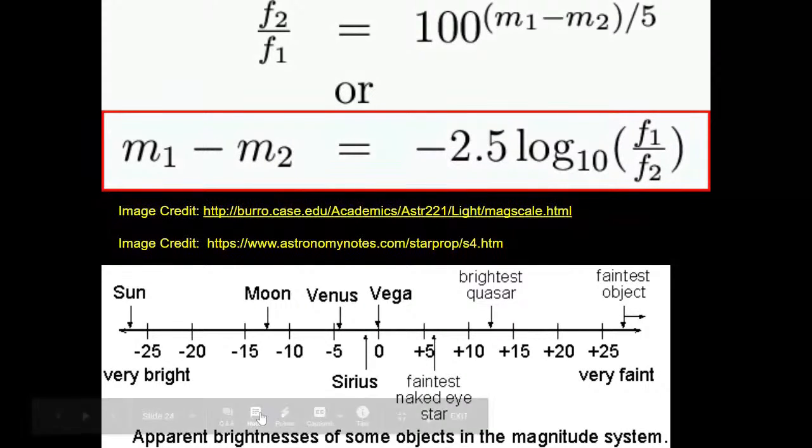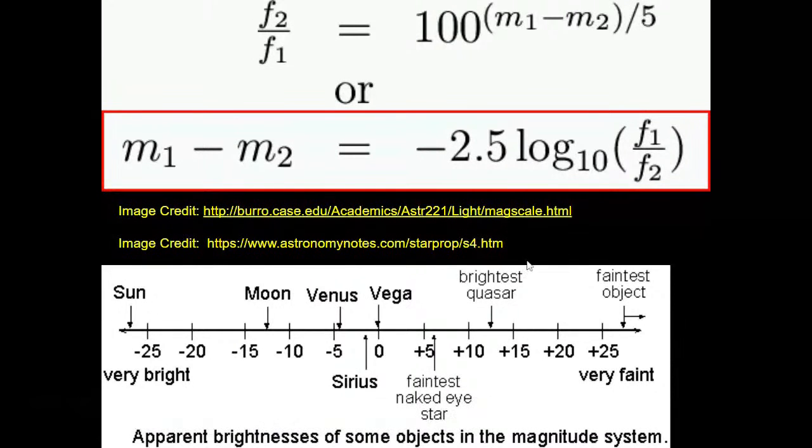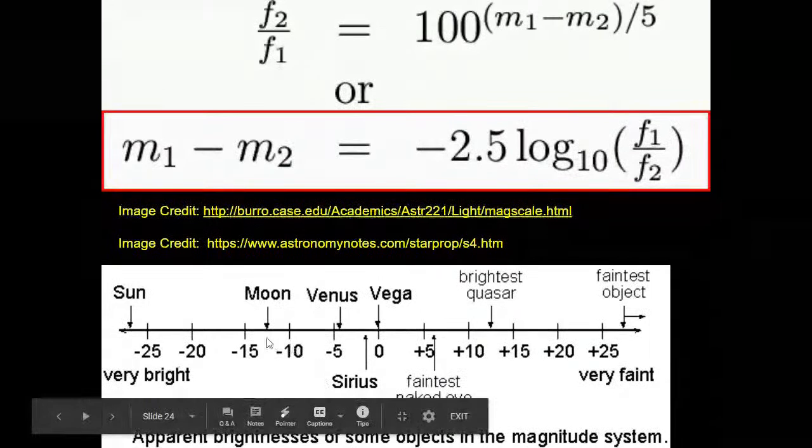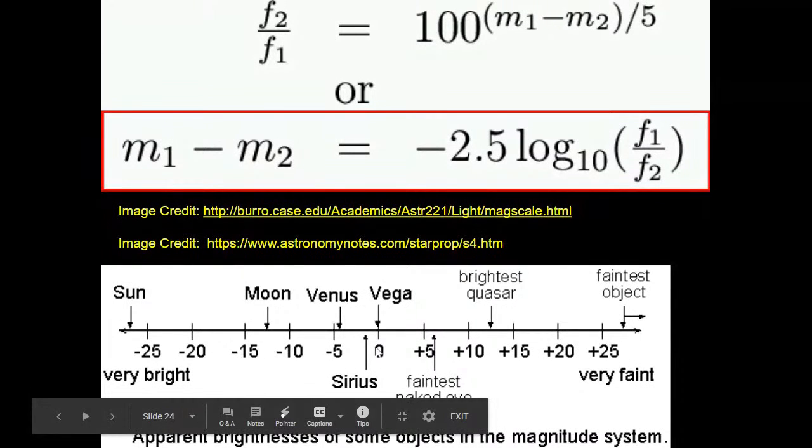Some examples of apparent magnitude. As you can see, the fainter an object appears to you, the larger the apparent magnitude. If I take the star Vega to have magnitude 0, just a convention, due to some reason old astronomers thought that Vega is a very bright star.